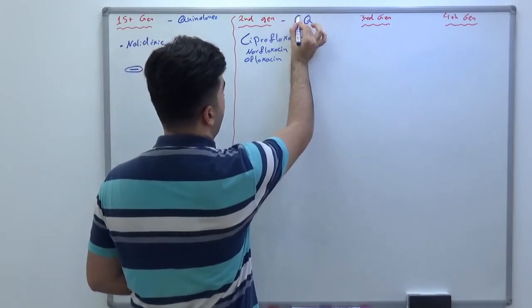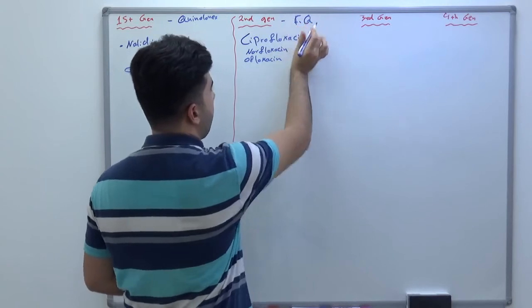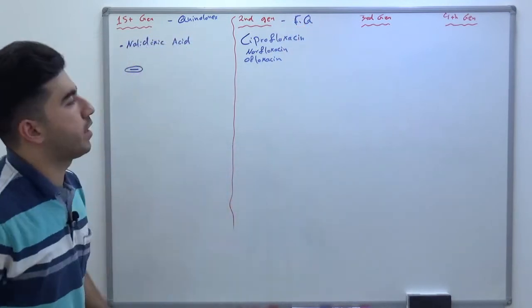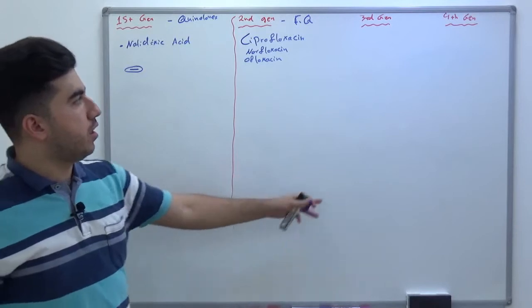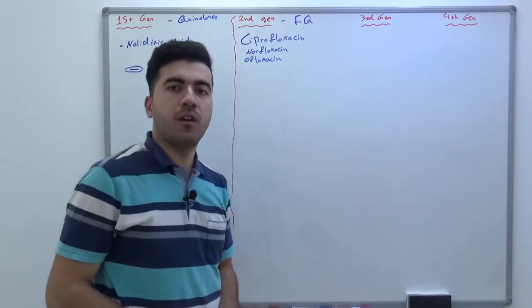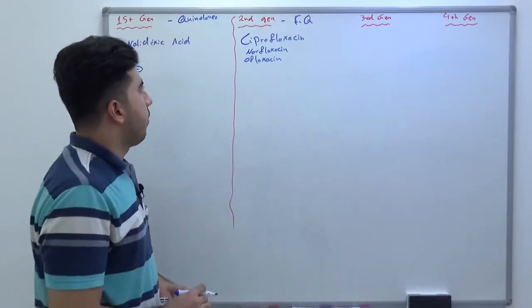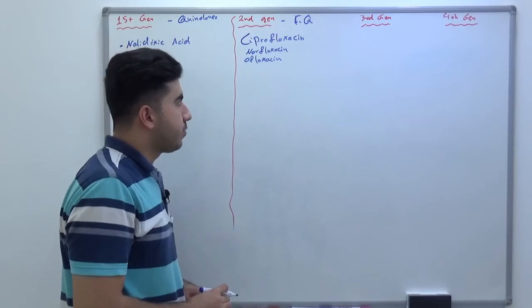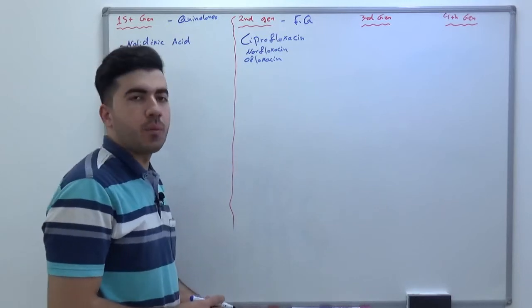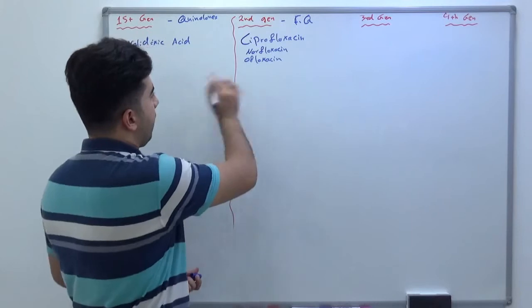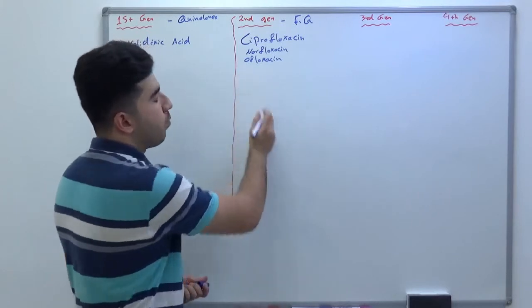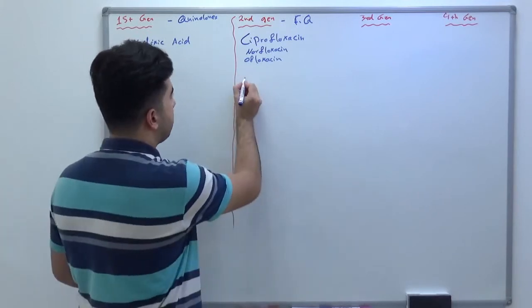Fluoroquinolones. The first generation is not a fluoroquinolone, it's a quinolone drug. But the second generation, third generation, and the fourth generation are the fluoroquinolones. Fluoroquinolones such as ciprofloxacin, which is regarded as the prototype of the group, are effective against more gram-negative rods.